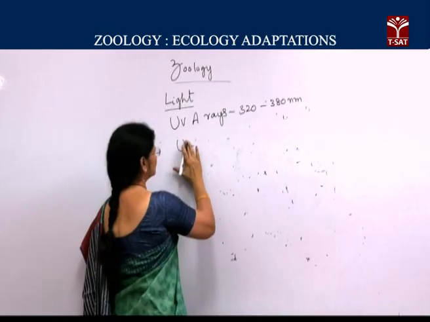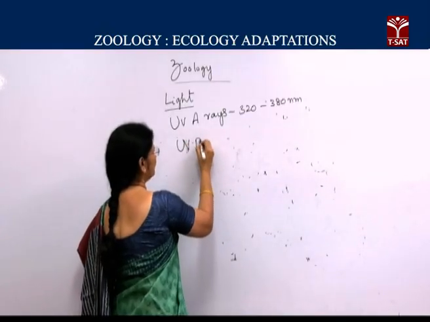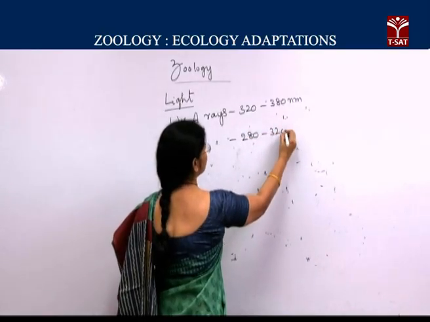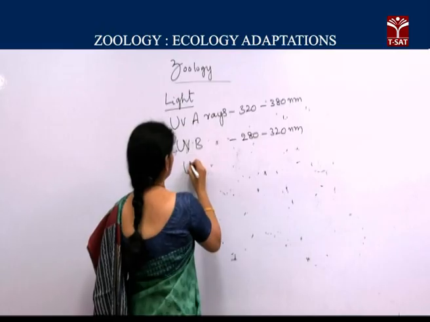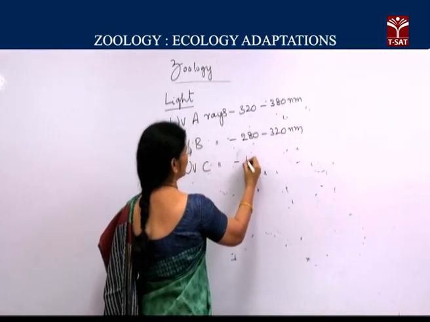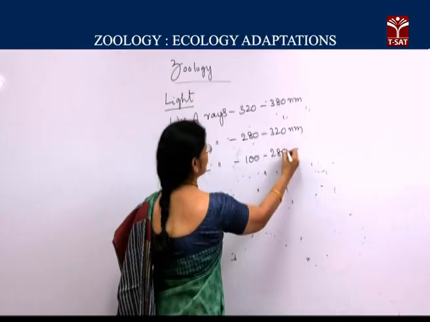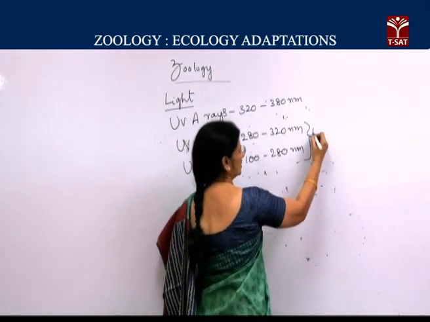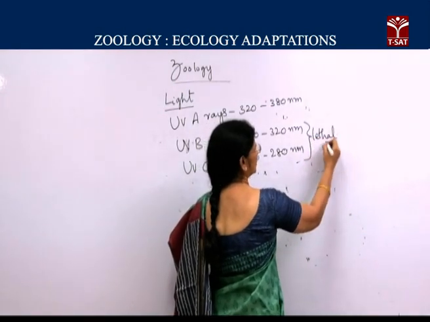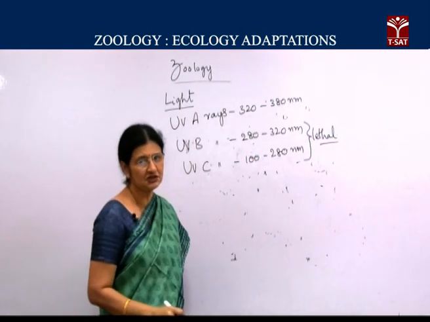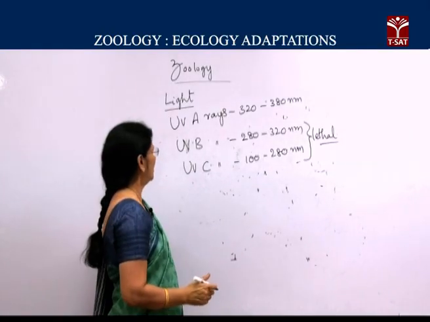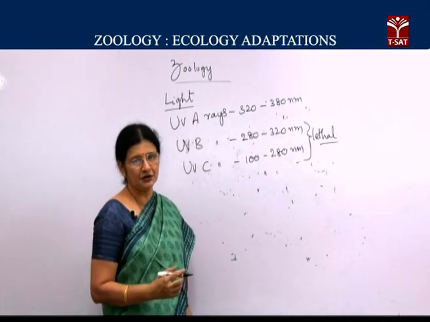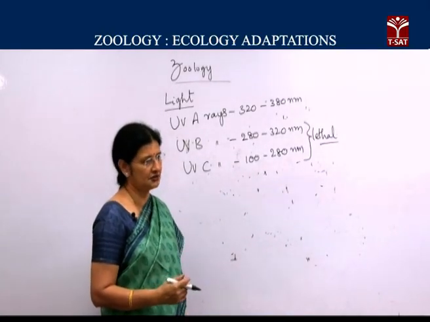UVB rays 280 to 320 nm, UVC rays 100 to 280 nm. These are harmful. So these are lethal. They cause skin cancers and all. So some of the ultraviolet rays are useful, but some of them cause cancers also.